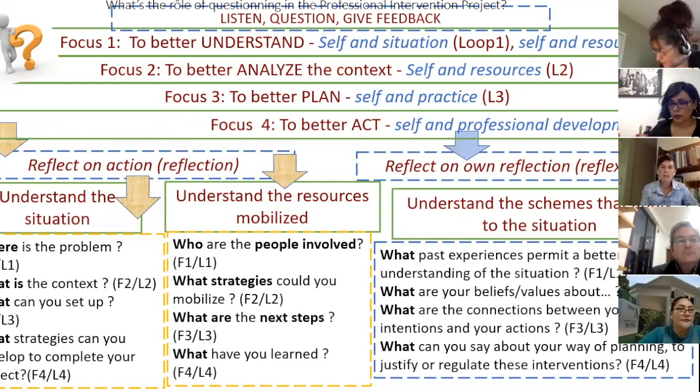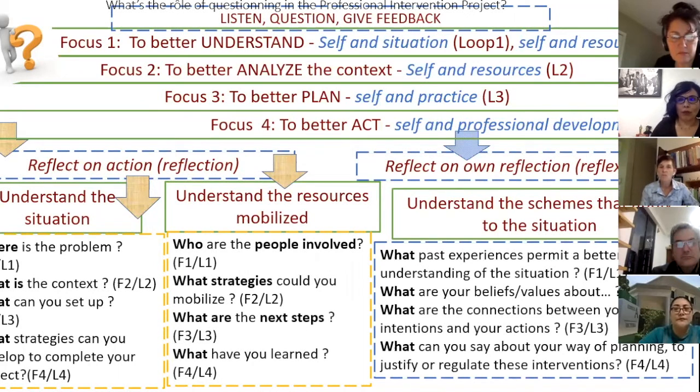In the model that I have developed, we have 4 types of focus. First, we want to better understand the situation, and then we want to better analyze the context so that the person can better plan next steps, and then be able to reflect on their own professional development.